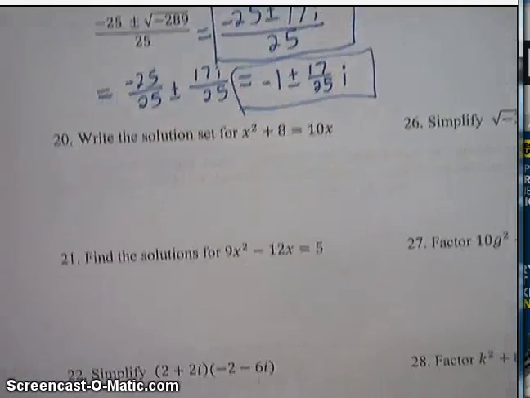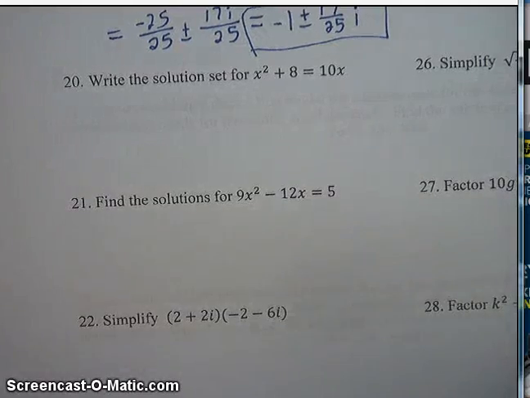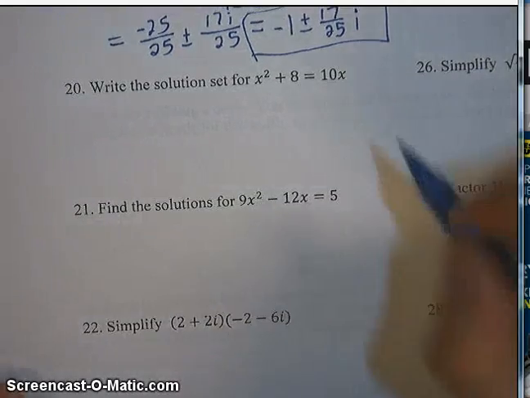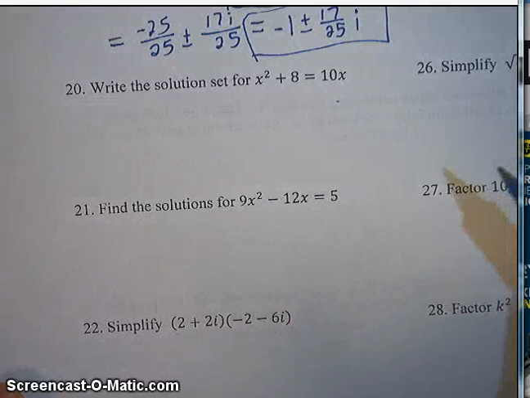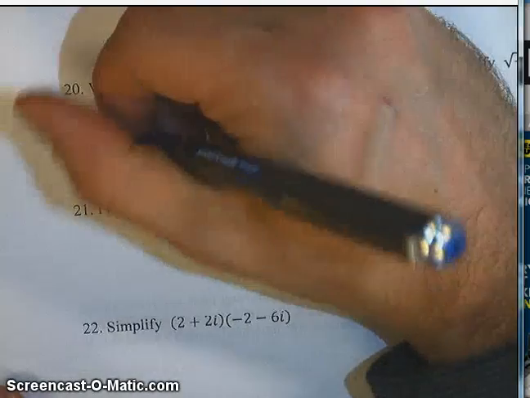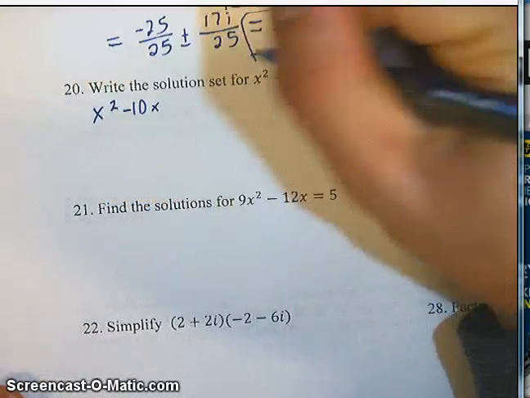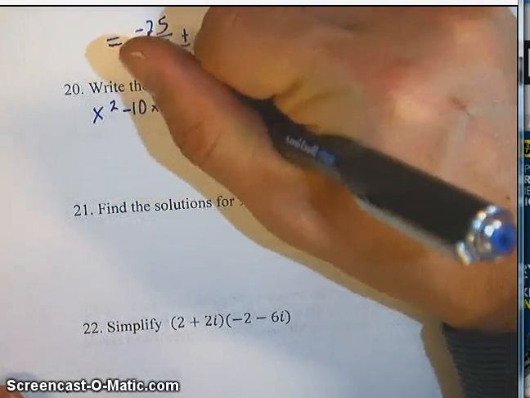Let's write the solution set for x squared plus 8 equals 10x. What we are going to probably need to do here, because this doesn't look factorable to me, is use the quadratic formula in all likelihood. So the first step here is to write it equal to 0: x squared minus 10x plus 8 equals 0.